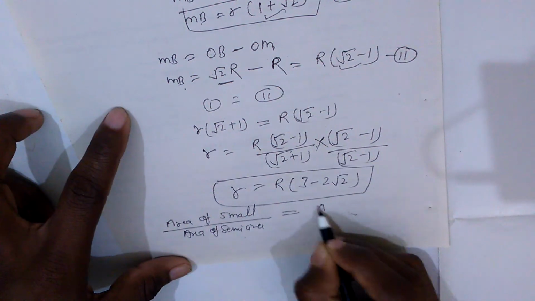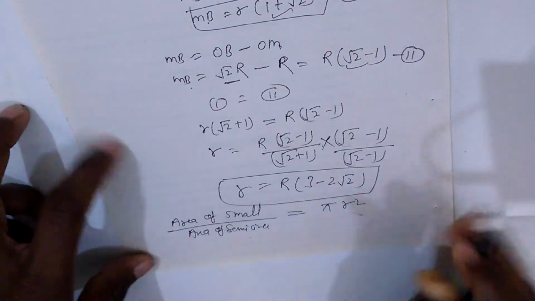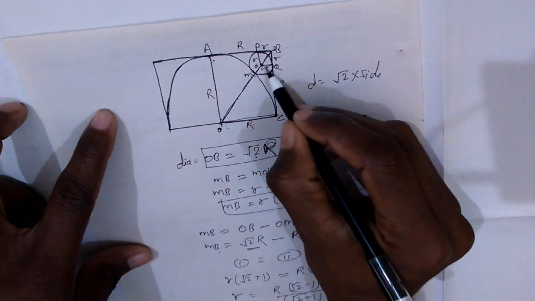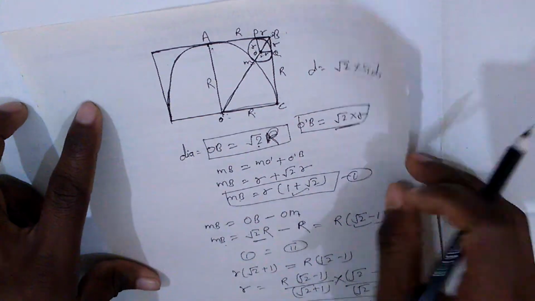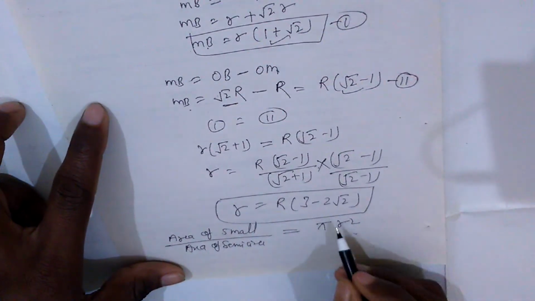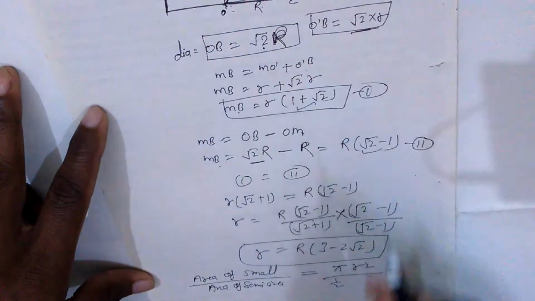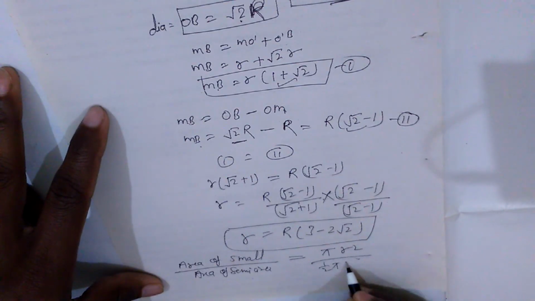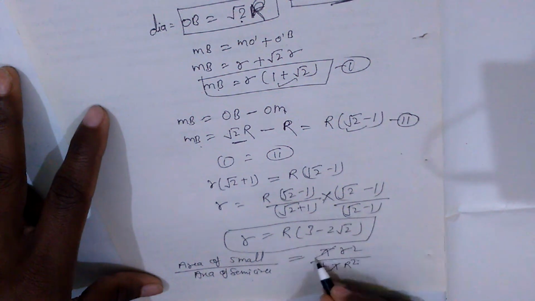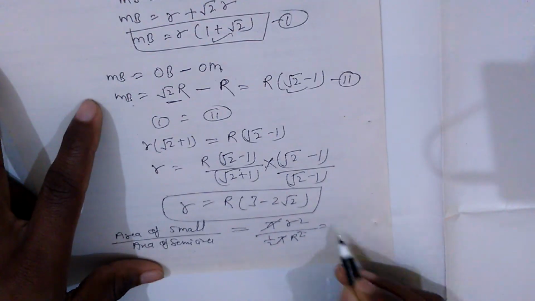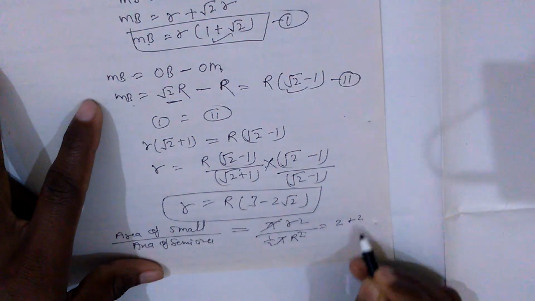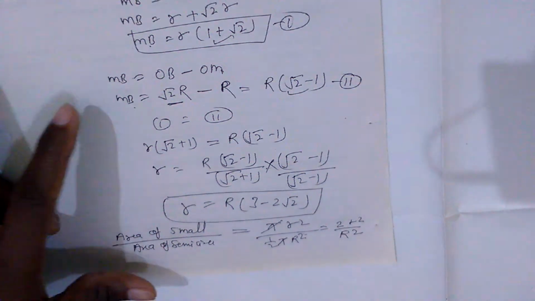Small circle having pi r square, and semicircle having half, because this is a semicircle, then half pi capital R square. This cancels out, then you got 2 small r square divided by capital R square.